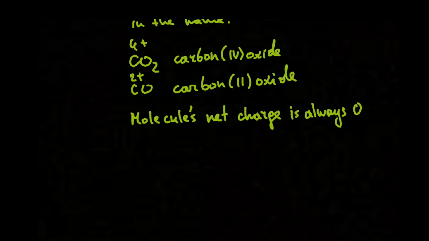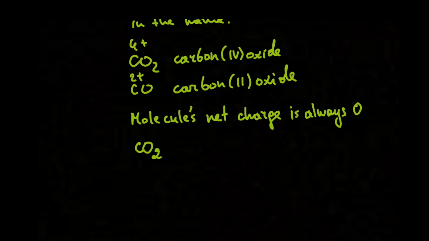Now let's get back to the CO2 case, and let me explain to you why carbon's charge in this compound is 4+. In my second lesson, I explained the oxidation states of A group elements and how many oxidation states each group have. So if you haven't seen that, I'll leave a link at the right corner of this video.